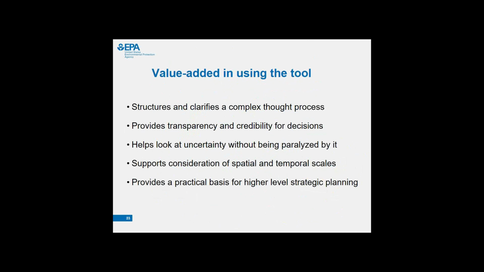It supports consideration of spatial and temporal scales. There are questions that explicitly ask about temporal sequencing and bring up issues of relationships among actions and, of course, the scale at which climate change is occurring versus the scale at which you need to take action. We are also finding that it provides a practical basis for folks who then want to go back to thinking about their higher-level strategic planning.